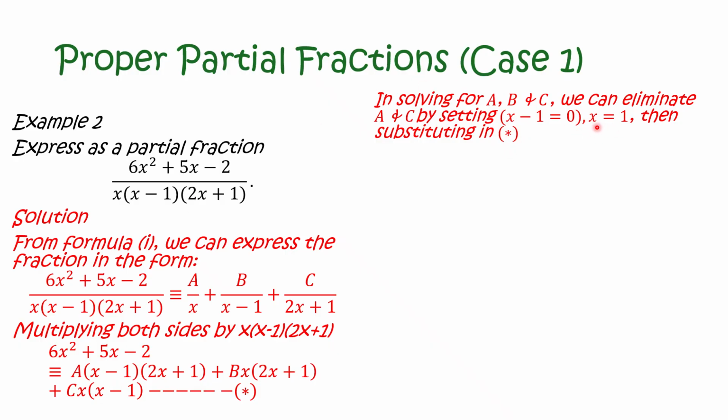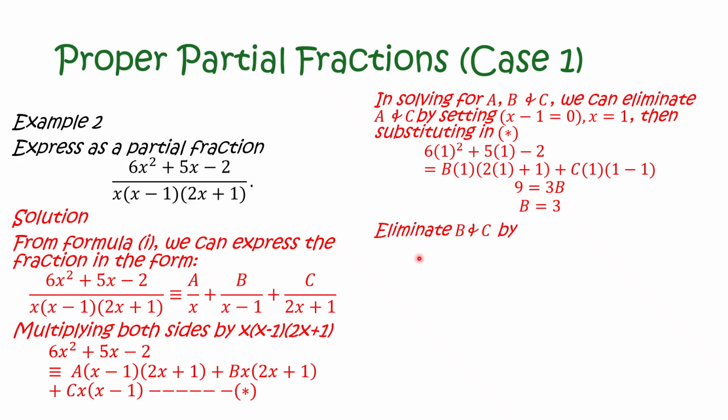So we find the value of x at which this one is set to 0, so that we get our x as 1. So we substitute that 1 into equation star. In doing so, we see that we actually eliminate all the other terms, so that we are only left with the b term. Simplifying further, we are going to have 9 is equals to 3b, implying that our b is equals to 3.